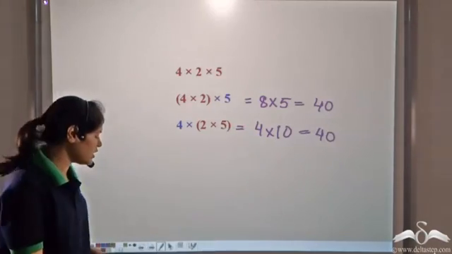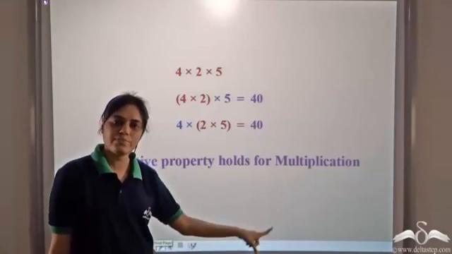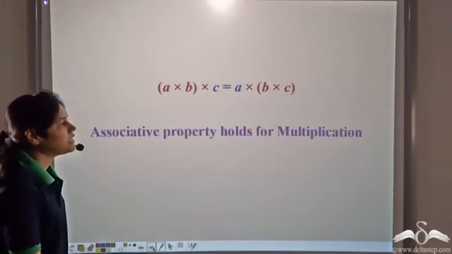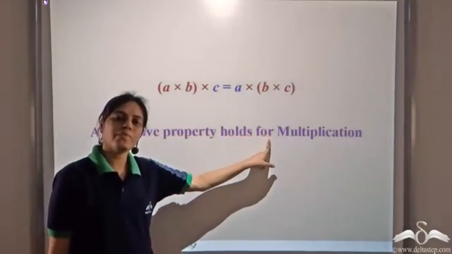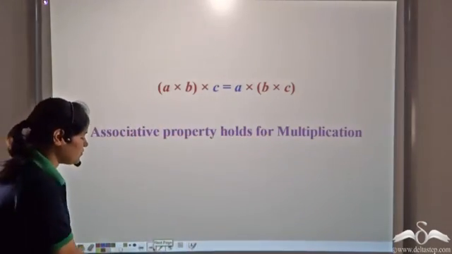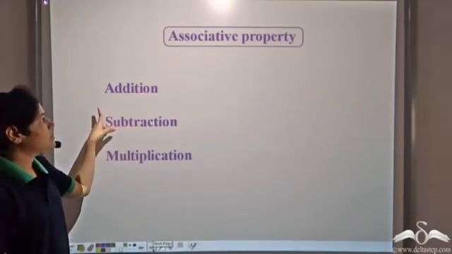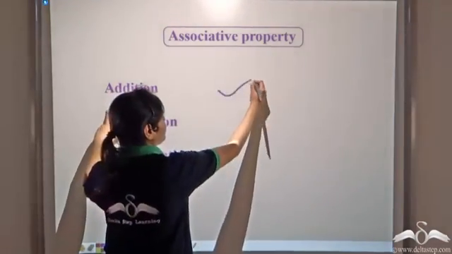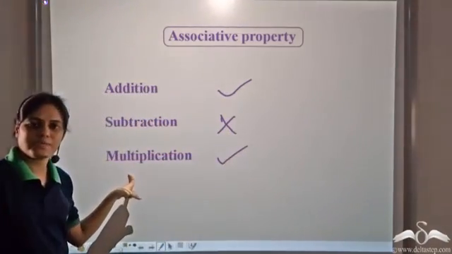It remains 40. So, we say that associative property holds for multiplication. Similarly, in algebra also, associative property holds for multiplication. So, associative property holds for addition, does not hold for subtraction, and holds for multiplication.